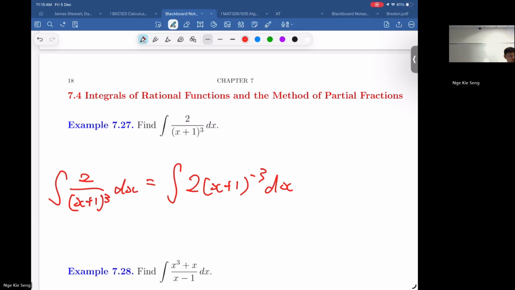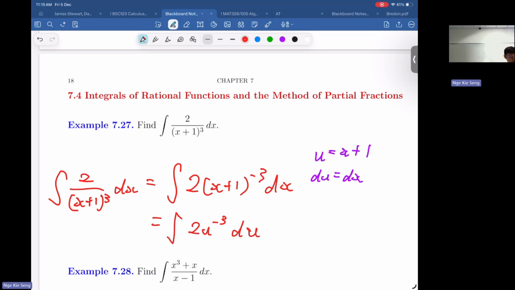You can use the substitution, right? So if you substitute u equals x plus 1, du equals dx, then this whole thing will become 2 times u to the minus 3 du. So use the substitution rule.